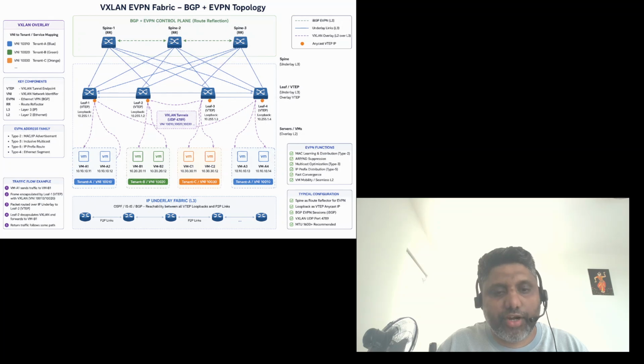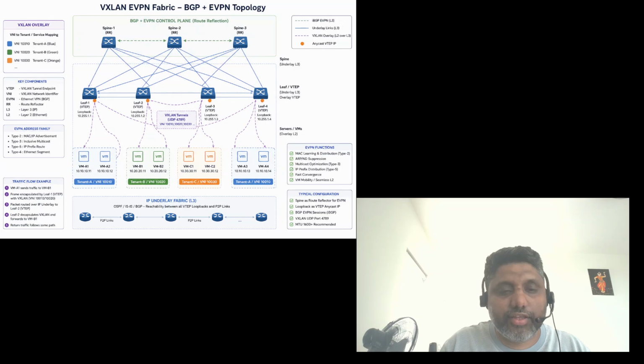So 10.10.10.11 will send an ARP packet. If the destination IP address is already mapped to a MAC address in the VTEP table, the VXLAN MAC address table, then it will respond right there at leaf 1 itself, and then you have to send the actual data packet. If you're sending an ICMP packet, send it to this MAC address.